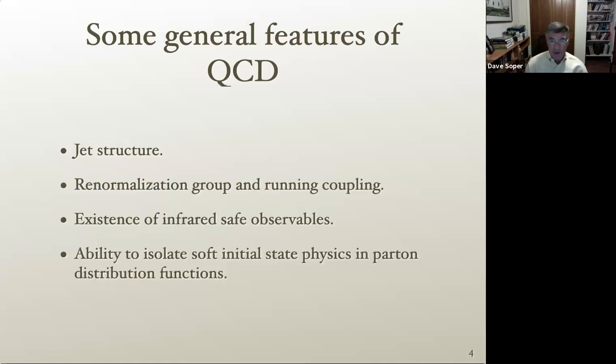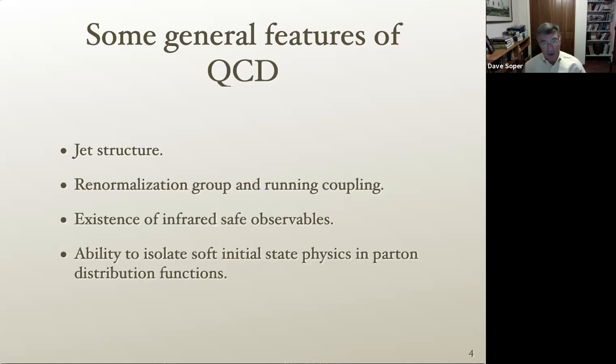So some general features, what are they? Events have a jet structure. I'll talk quite a lot about that. And then the theory uses the renormalization group, which makes the coupling different depending on the scale of the process.